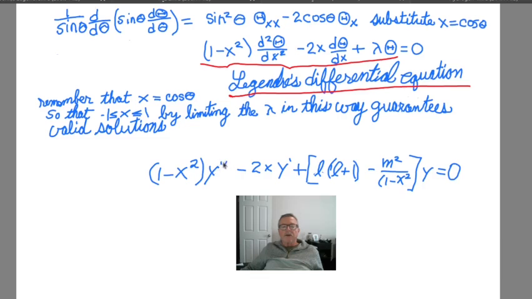That double prime indicates second derivative. Single prime indicates first derivative. And this lambda times the theta function, here's the theta function, this is the y. And that constant there is a mess. It is complicated to me, and it might be to you. So where's the justification? That's worth another video if you survived this crazy mess.